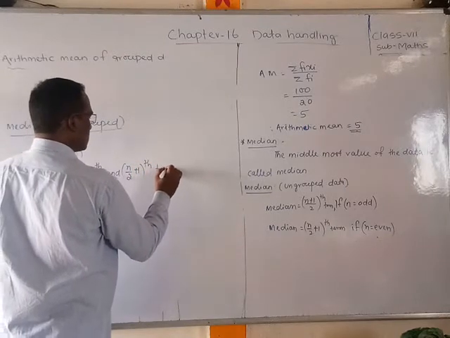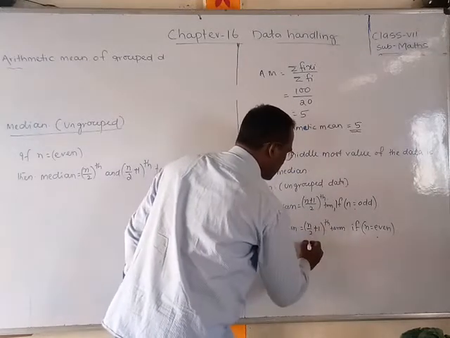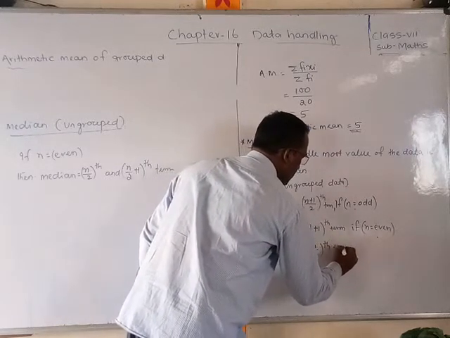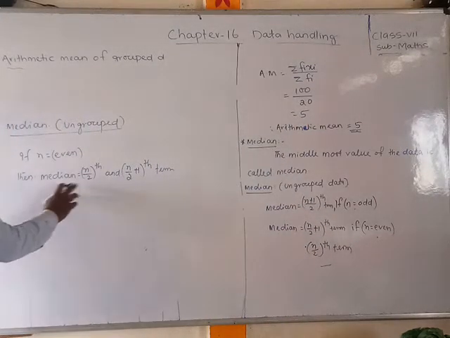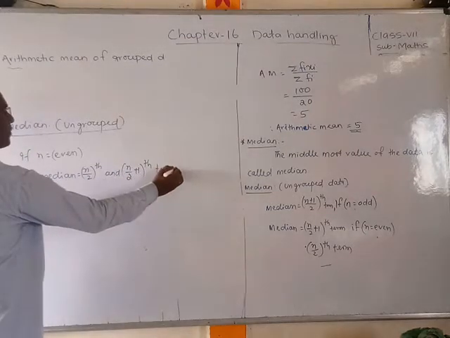Here we can take both terms, the n by 2 term and the n by 2 plus 1 term. So we will get two terms as medians. Median is the n by 2 and n by 2 plus 1 th terms.